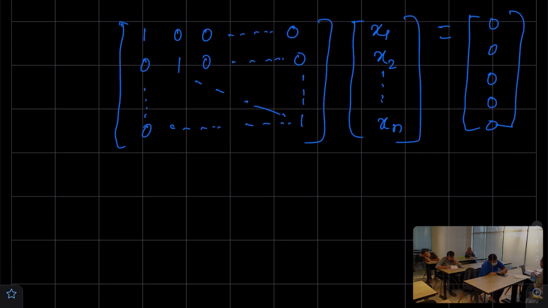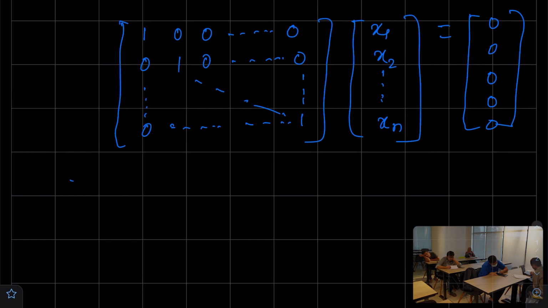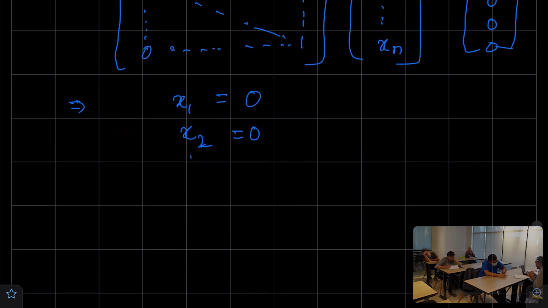And if I write it explicitly, this follows that x1 equals to what? If I take the matrix multiplication on the left hand side, this is just 0. x2 is also trivially 0, and everything up to xn equals 0, right?